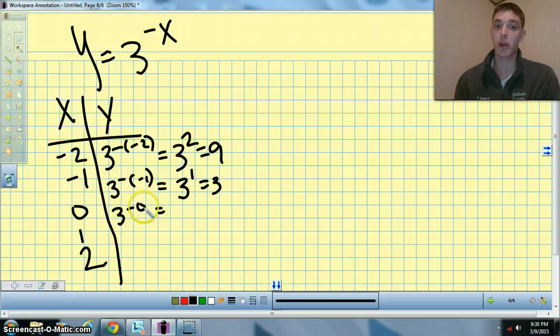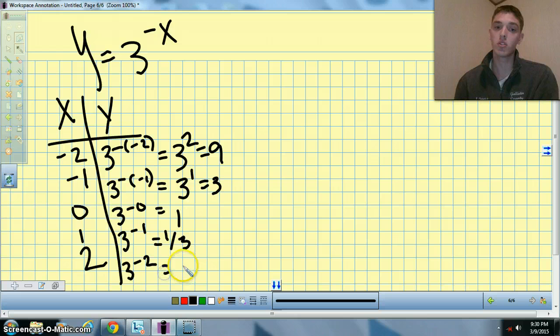Anything minus 0 is the same as positive 0. Anything to the 0 power is 1. 3 to the negative 1 is 1/3. 3 to the negative 2, 1/9. As we've seen before.